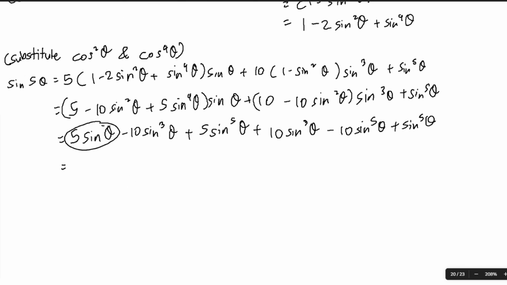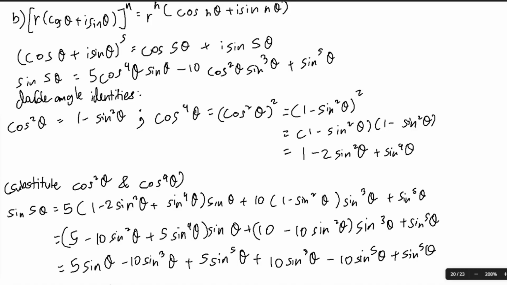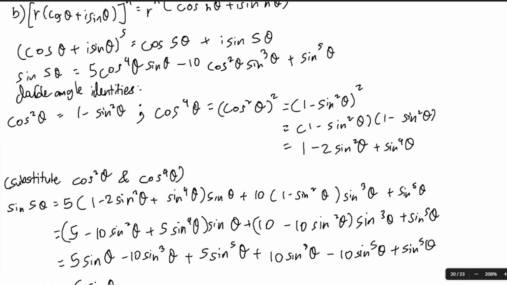And from here, we can just do our calculations. There aren't any other sine thetas with no exponents, so we just have this 5 sine theta, and then our sine cube theta, minus 10 plus 10. Wait, this isn't right. Okay, so we forgot here. My bad.